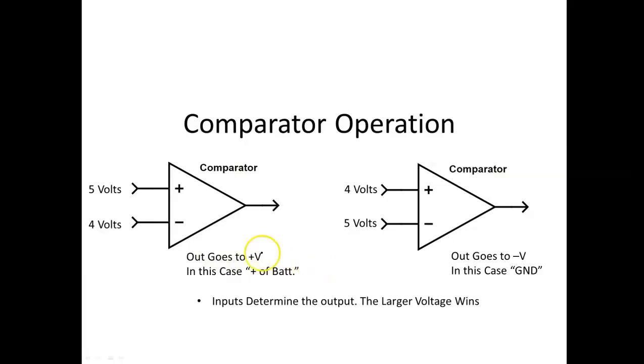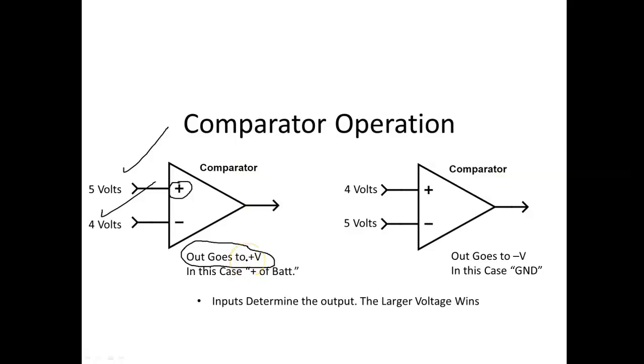So the output goes to plus V, again, because I have 5 volts on my positive terminal and 4 volts on my negative terminal. I take the difference, all right? The larger voltage is on my positive terminal. This forces the output to go high, or to plus V.